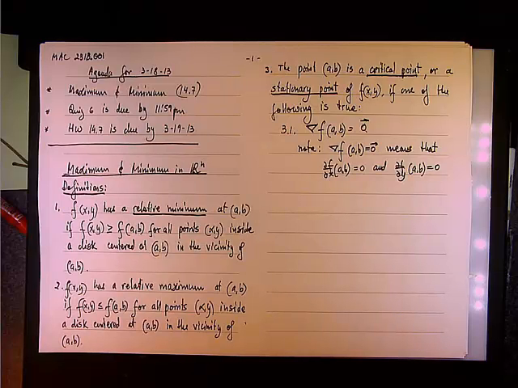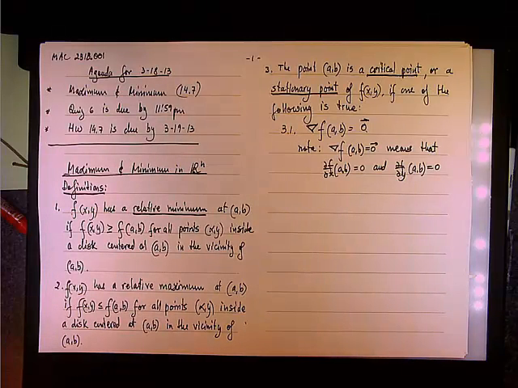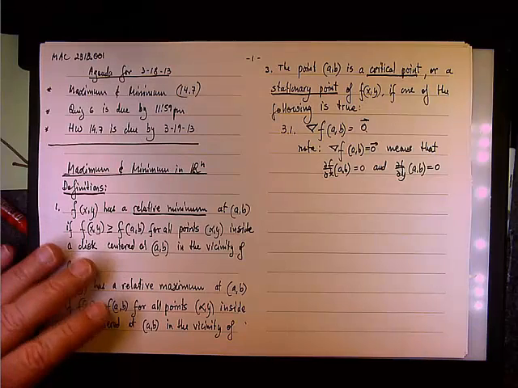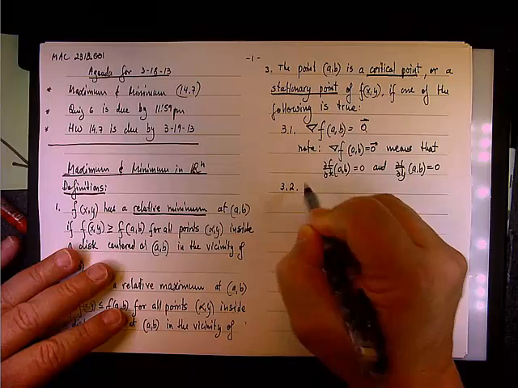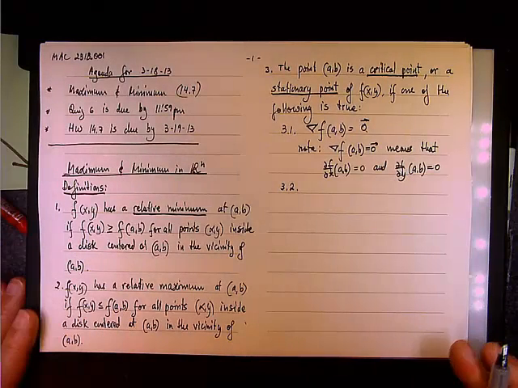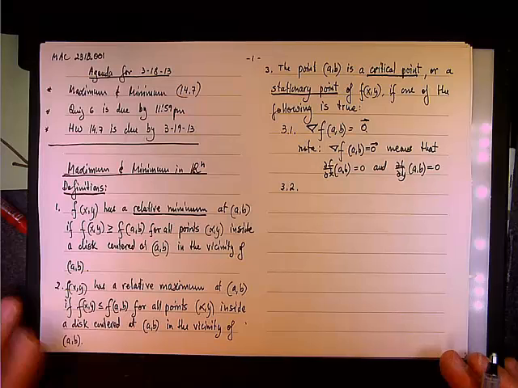In other words, both components. If one component is 0 and the other is not, then we cannot say that the gradient of f is 0. Again, the gradient is a vector, so the claim that the gradient is 0 requires that each component of the vector is 0. This is the case of two variables. If we have 3, of course, we need to include del f del z. If we have 4, we'll have to include del f del w, and so on. Okay, so that's one thing.